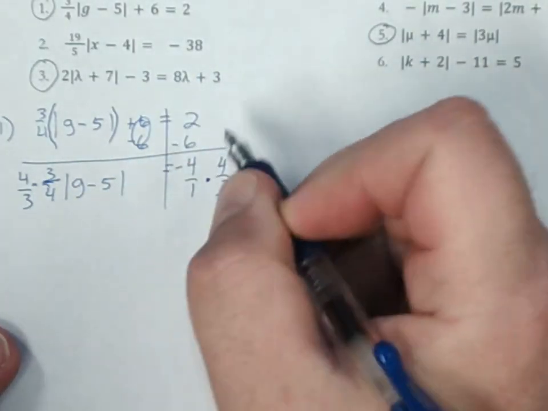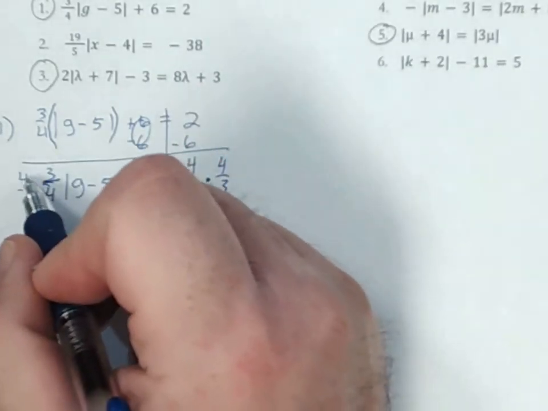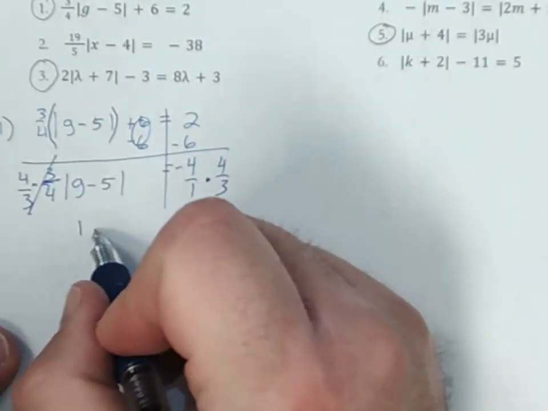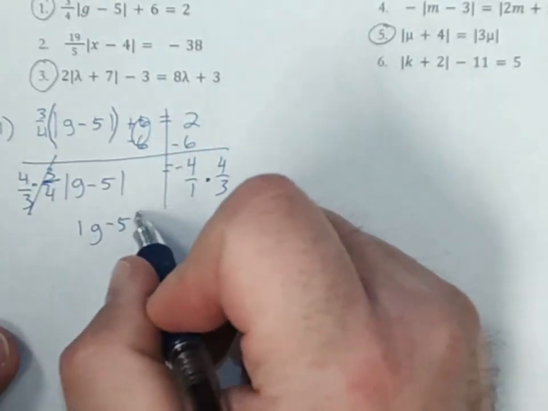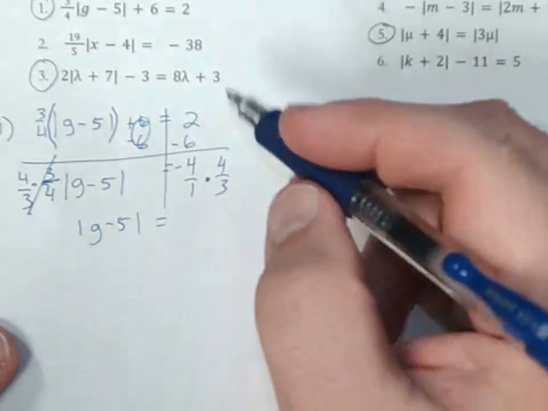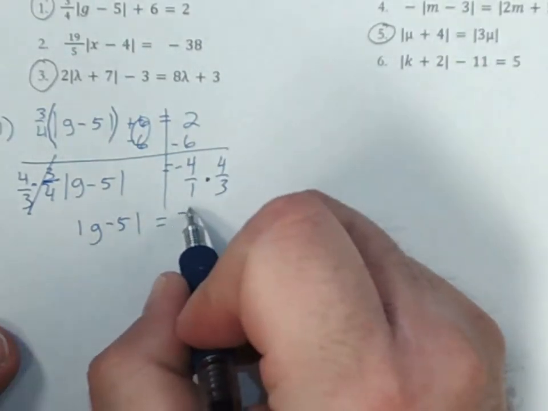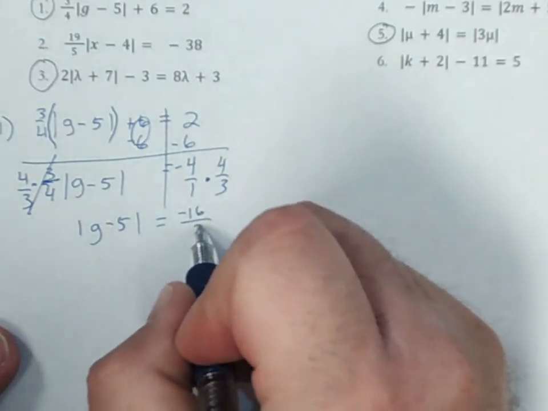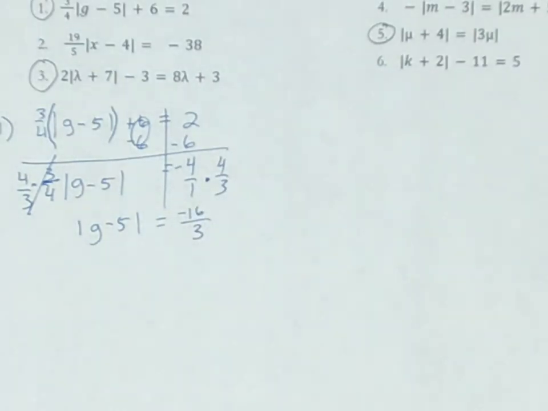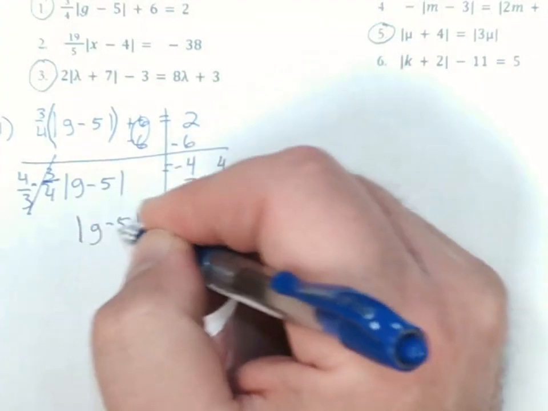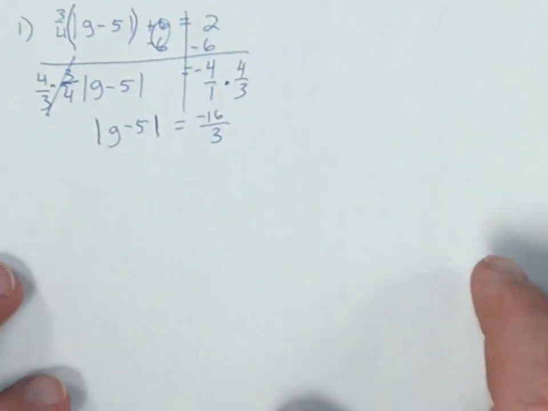I'll multiply it by 4/3. Over here, this becomes 1, and it just leaves me with the absolute value of g minus 5. On the other side, I have negative 4 over 1 times 4 over 3. Negative 4 times 4 is negative 16. 1 times 3 is 3. So I now have my absolute value equation with just the absolute value piece, which is exactly what I want.